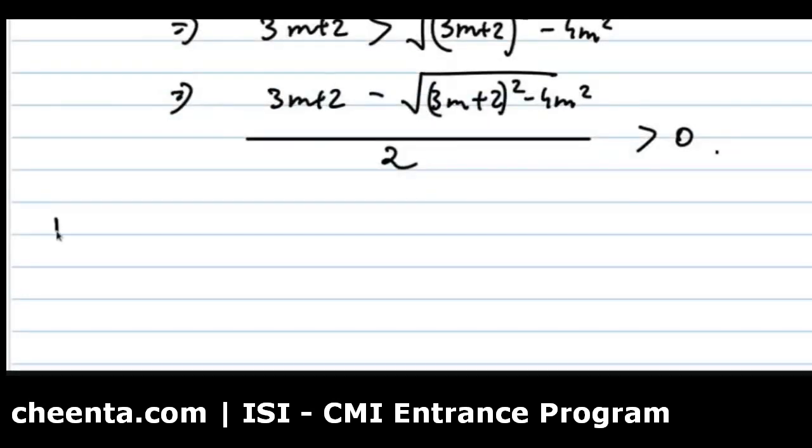So we have got two values, 6 and minus 6 by 19.